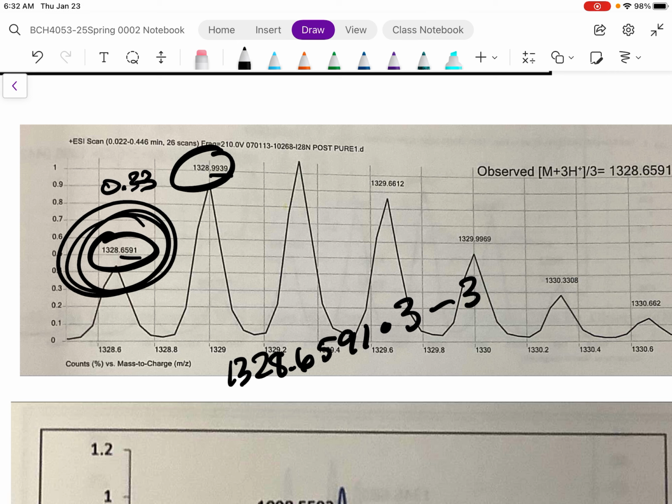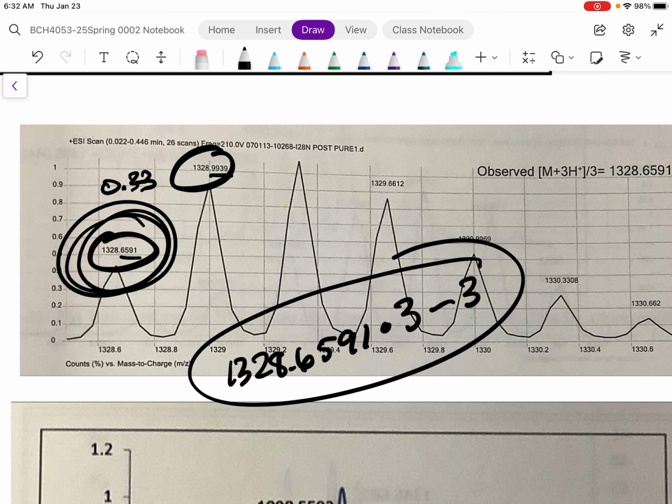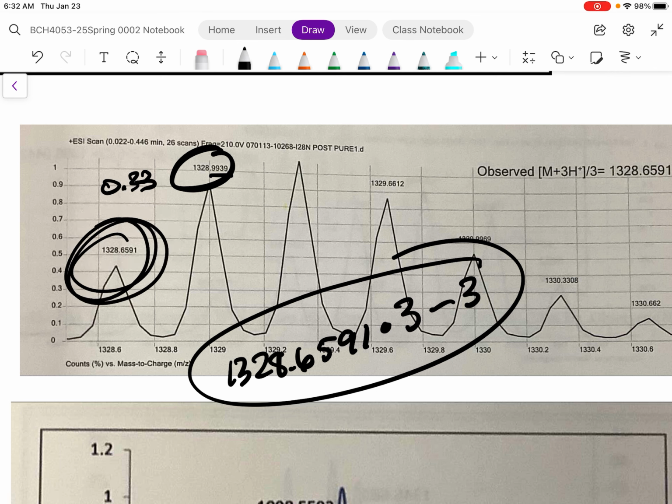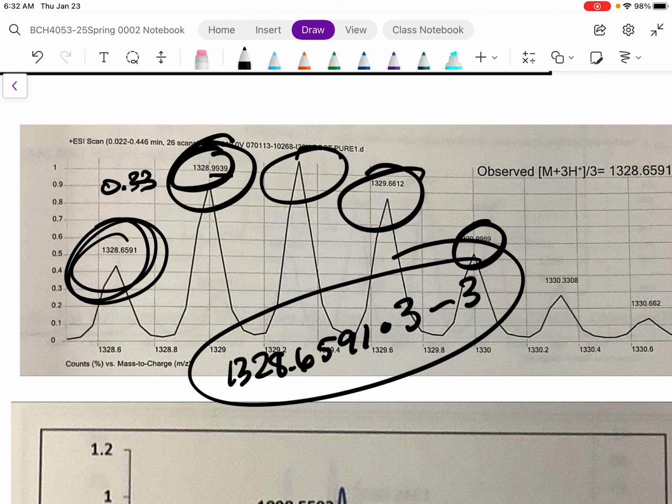So when you look at this peptide, you have to do this calculation with the signal that's the farthest to the left. That's the one that you have to use, because what are all these other signals? Isotopic effects, or isotopes. So we're looking at the one on the far left.